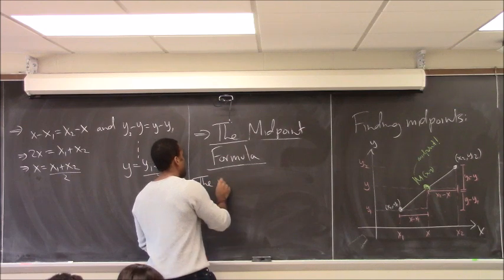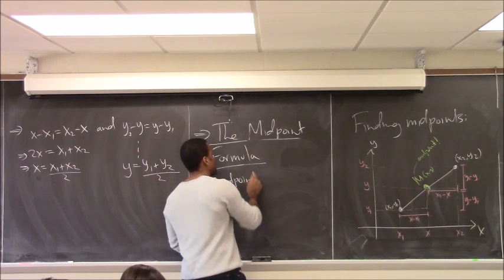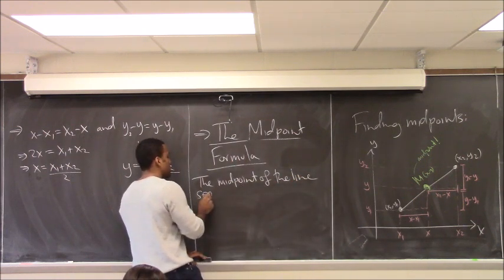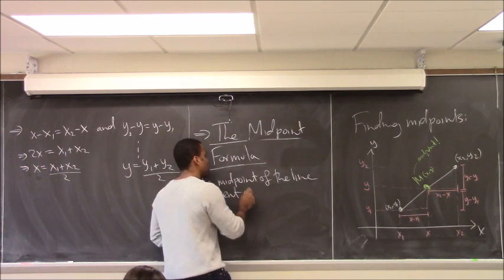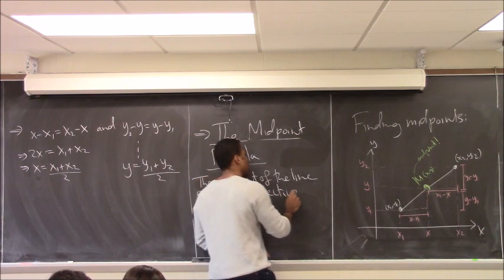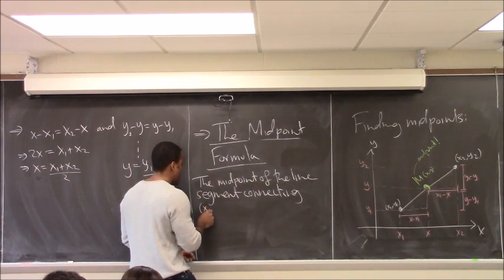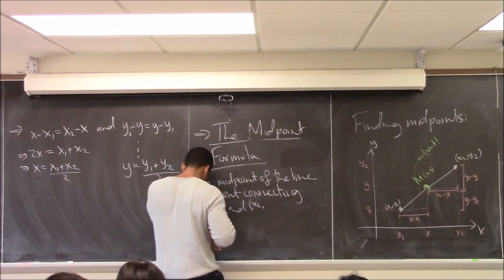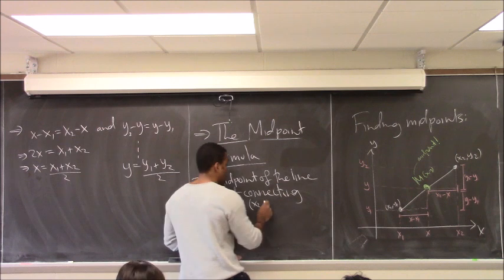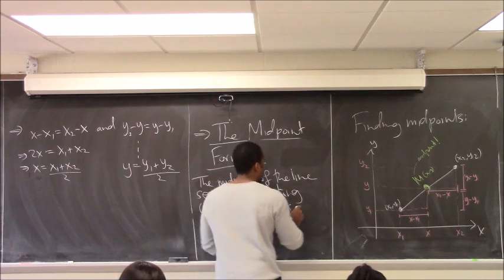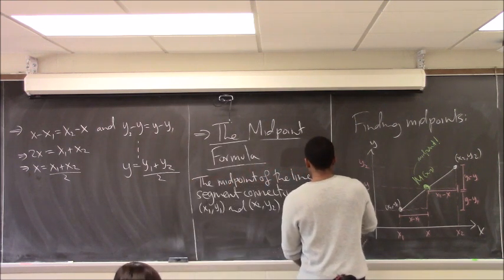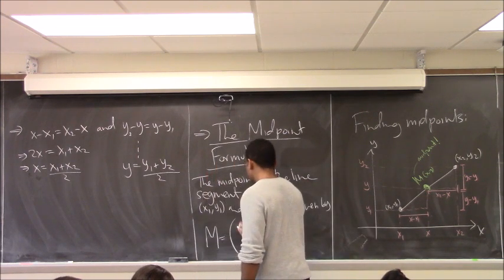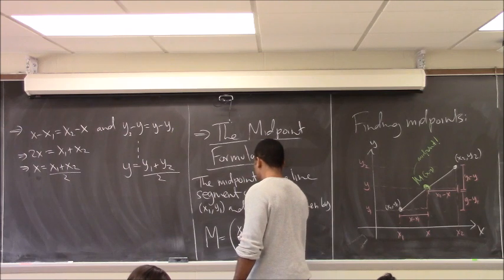The midpoint of the line segment connecting x1, y1, and x2, y2 is given by: the x coordinate is going to be x1 plus x2 over 2.